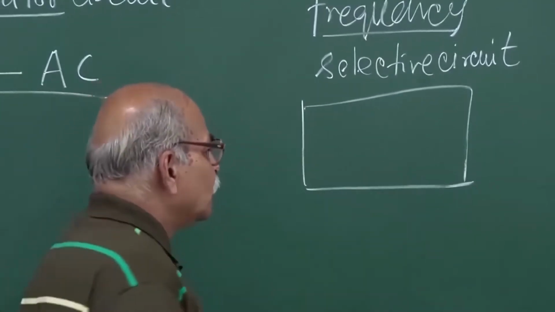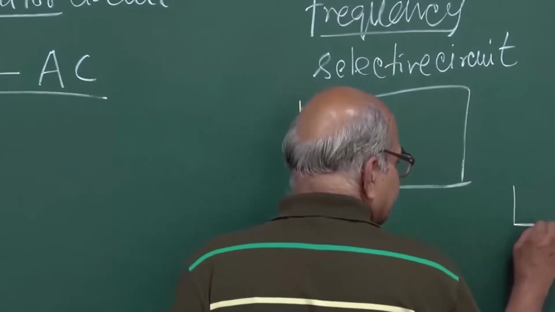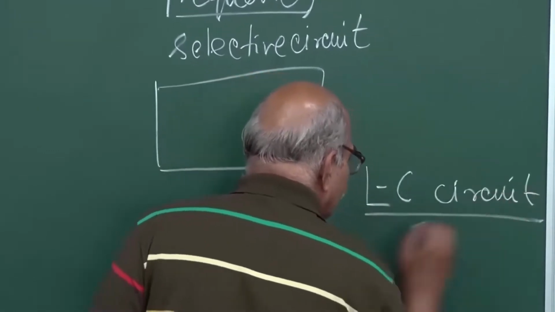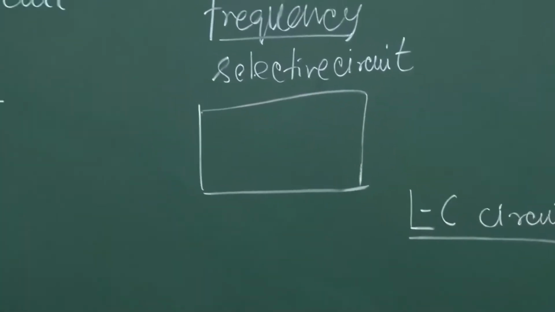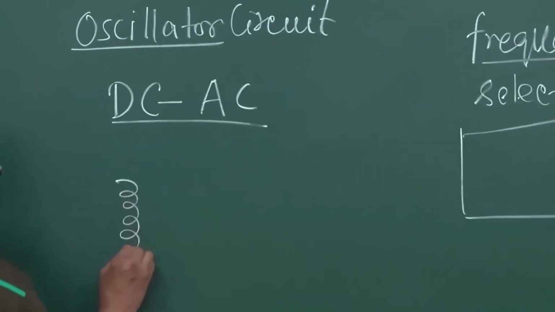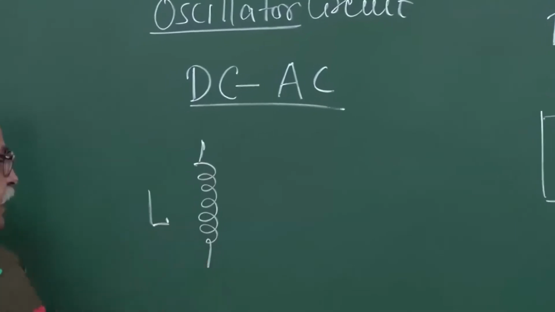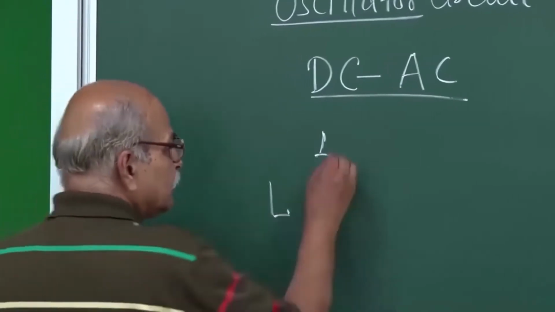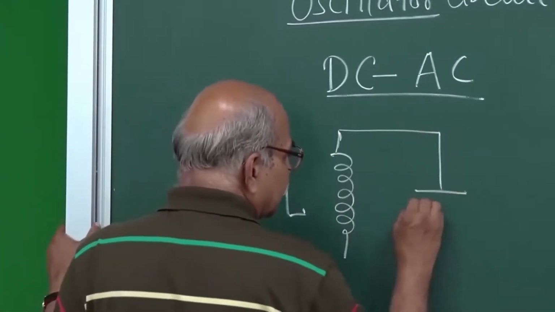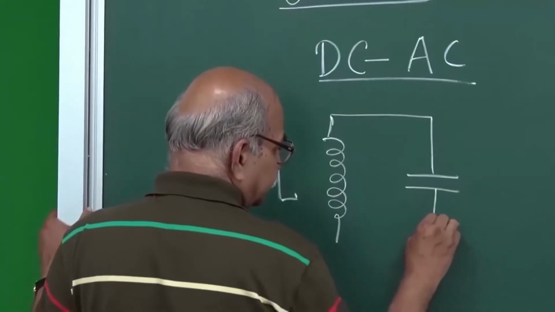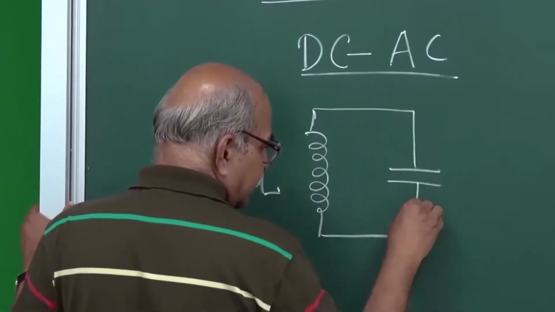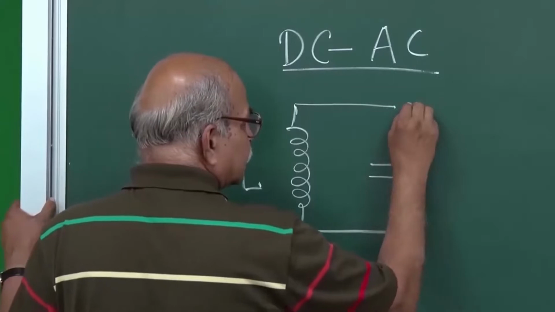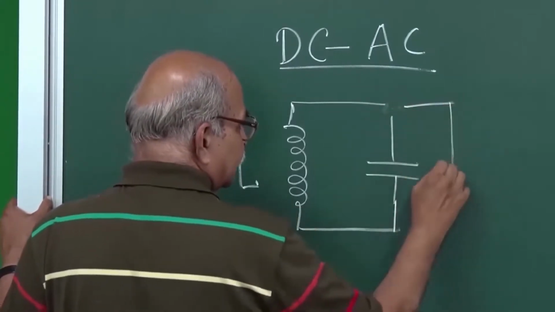One is what we call inductor capacitance, LC circuit. Okay, so you remember your high school thing. If you have an inductor, the letter which is generally used is L, and then you have a capacitor. Let me join it and put a switch here, and let us say this is a battery.